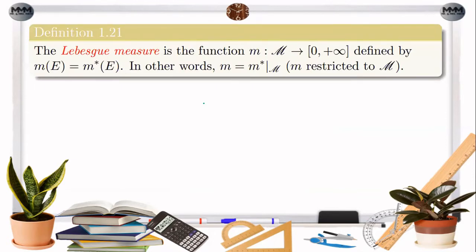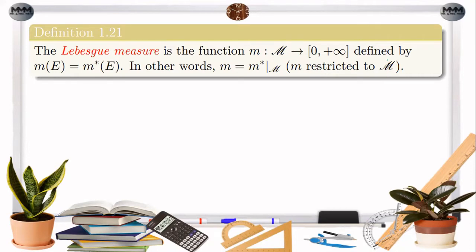The Lebesgue measure is the function m from script M to the closed interval from 0 to positive infinity, defined by m of E is equal to m star of E.